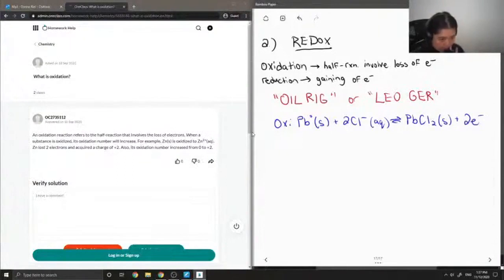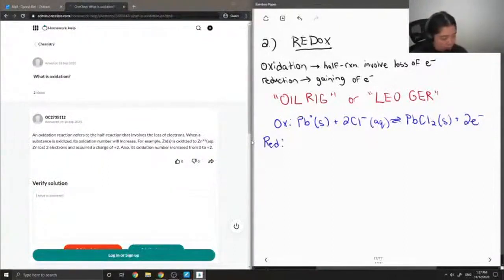So if we look at the lead, its oxidation number increased from 0 to plus 2. So this is an example of an oxidation reaction. It lost its electrons and it formed bonds with the chlorine.